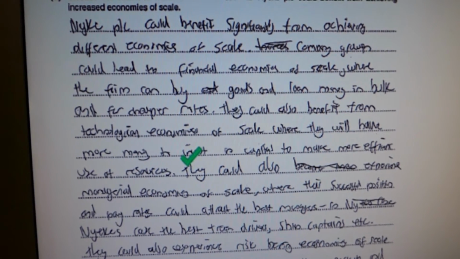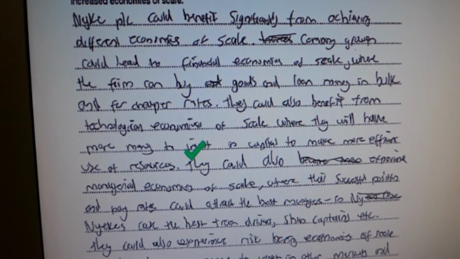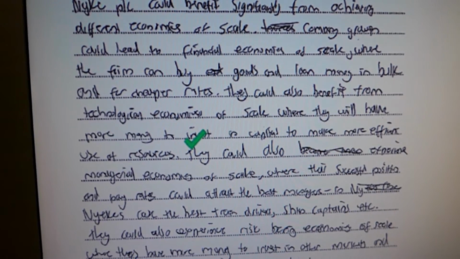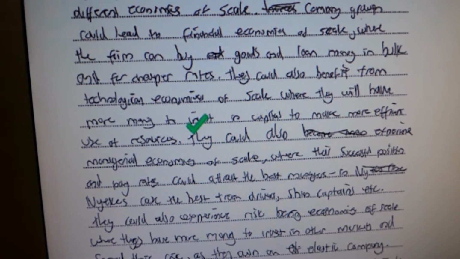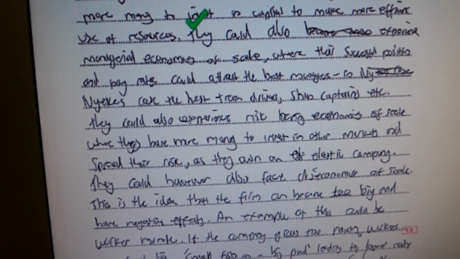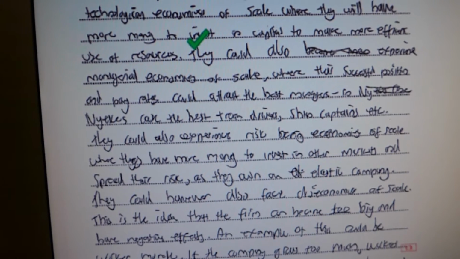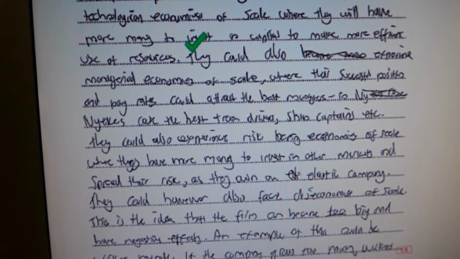Reading on, where the firms can buy goods and, should say, borrow money in bulk and at cheaper rates. They could also benefit from technological economies of scale, where they will have more money to invest in capital to make more efficient use of resources.